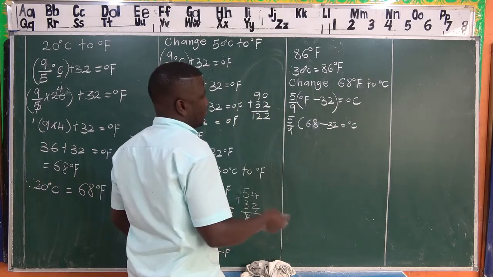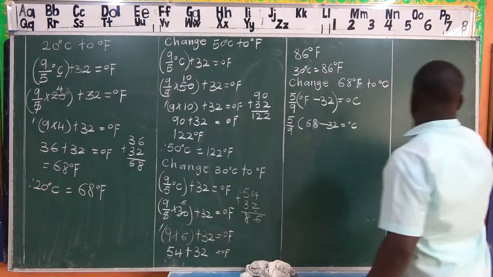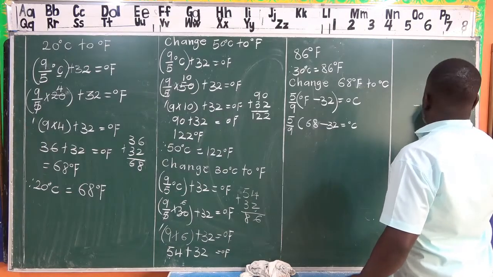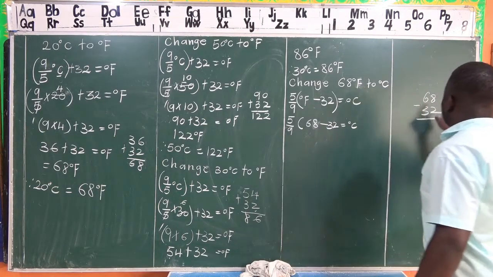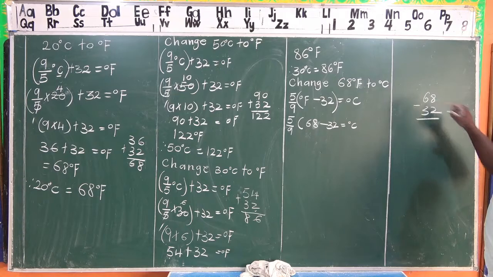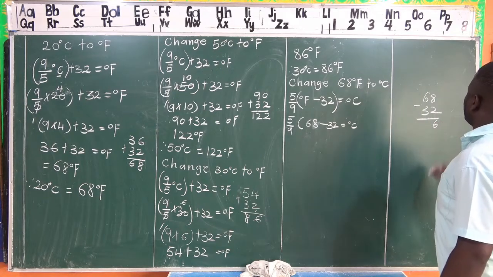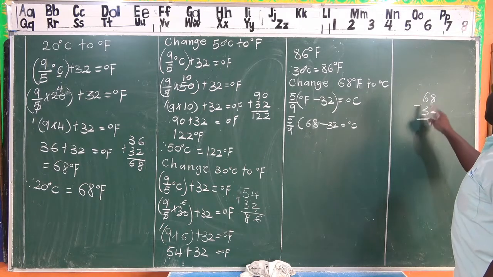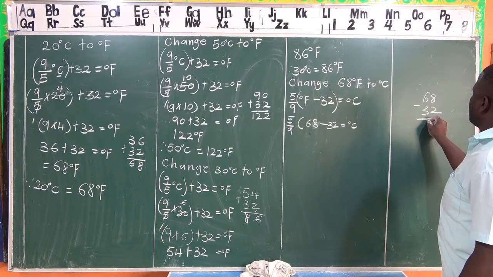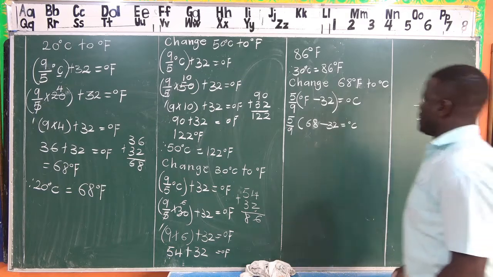Then you can have your side work and say 68 minus 32. 2 from 8, you get 6. Then 3 from 6, you get 3. And you get 36.